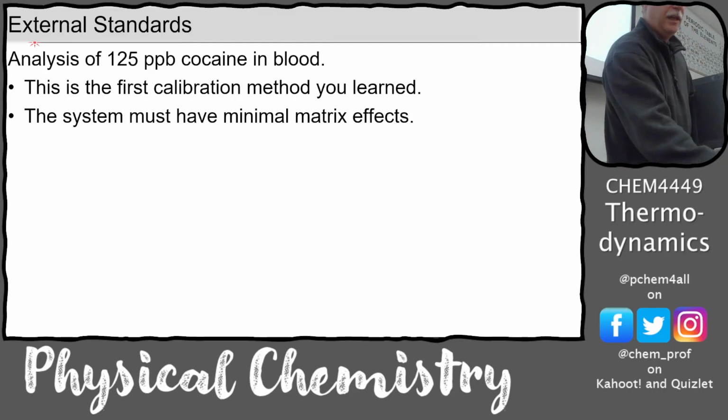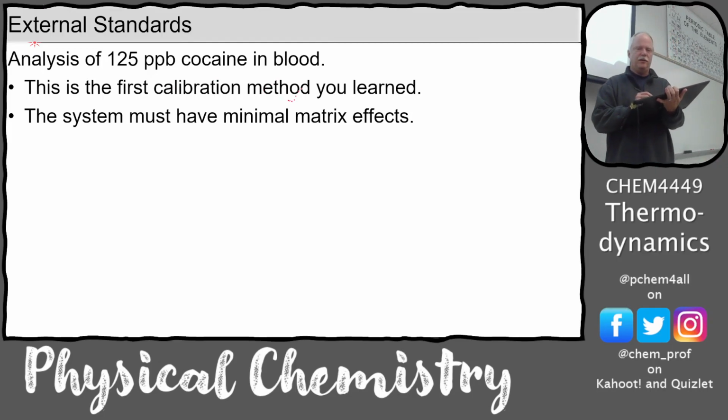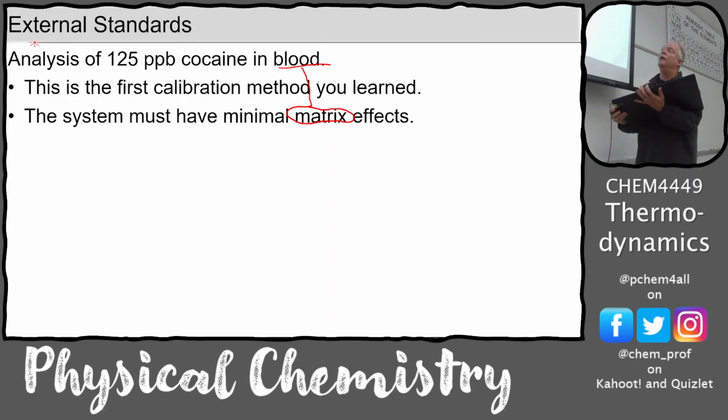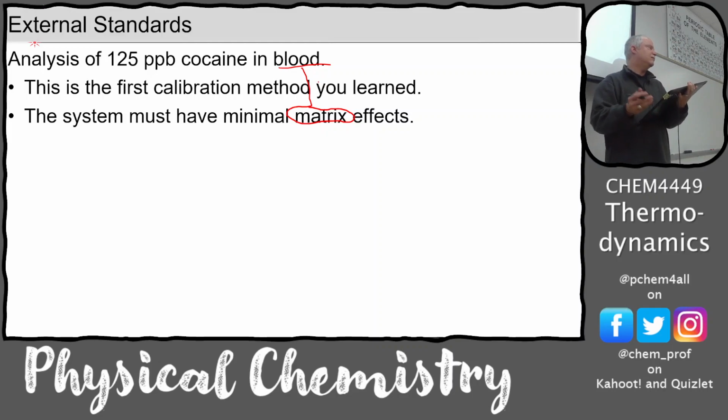And so in this case, what do we mean by matrix effects? What's the matrix of this sample? Blood. Yeah, blood. So the matrix, this is blood. So we know from the beginning that this is going to be serious, because what does blood contain? Let's just kind of list out the things we know. Plasma. There's cells. We'll just say cells.